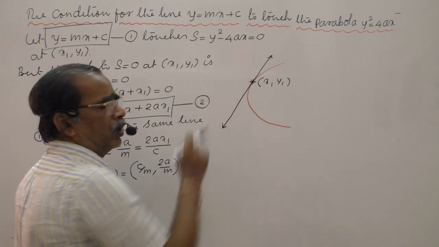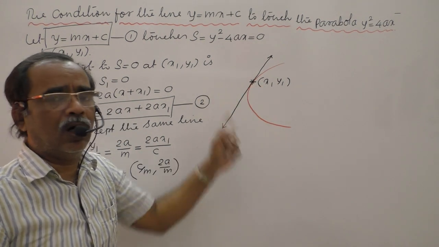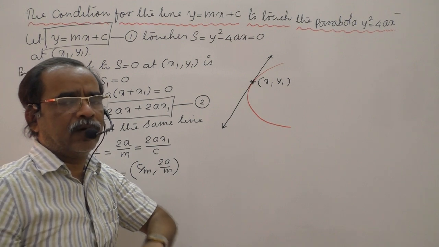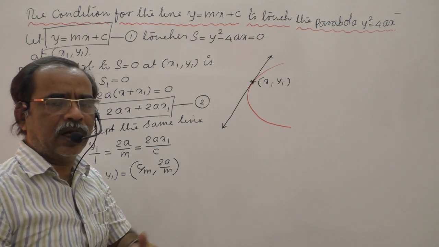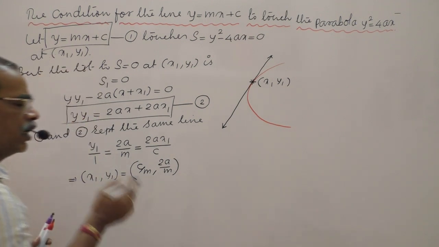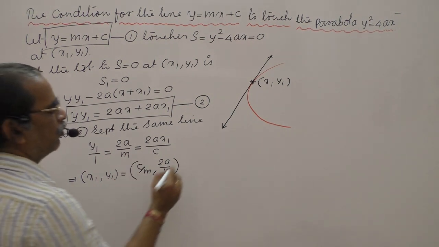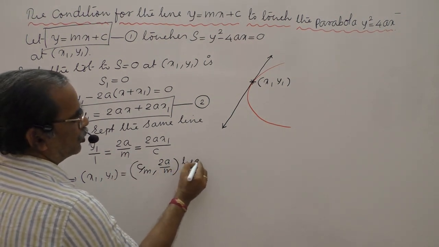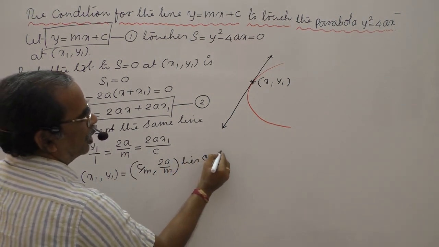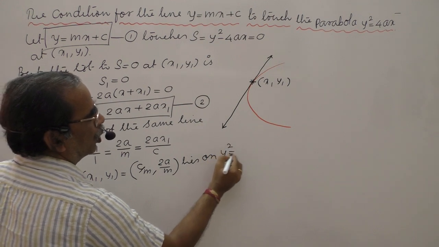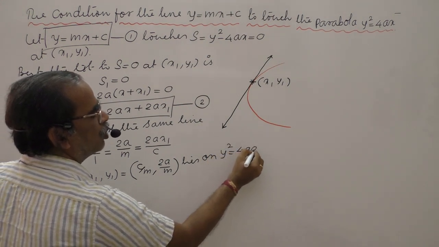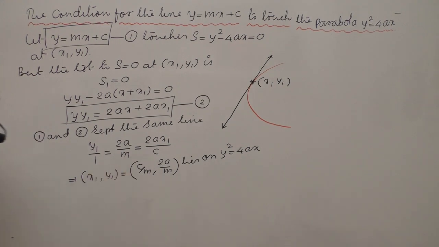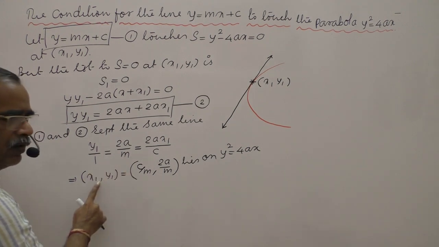What about this point? This point is on the parabola as well as on the line. It lies on both. It satisfies both. Therefore, I will substitute this point in the equation of the parabola. You can also substitute in the line because it satisfies both. This is x1, y1.